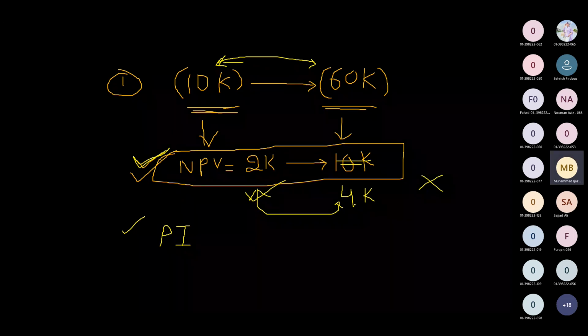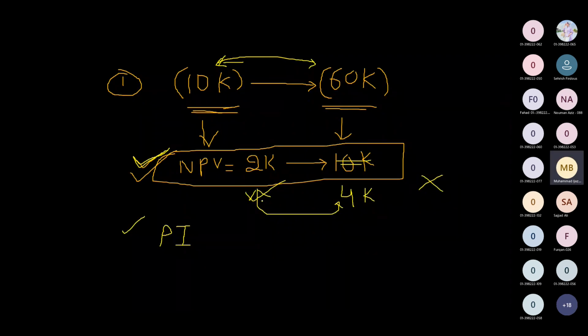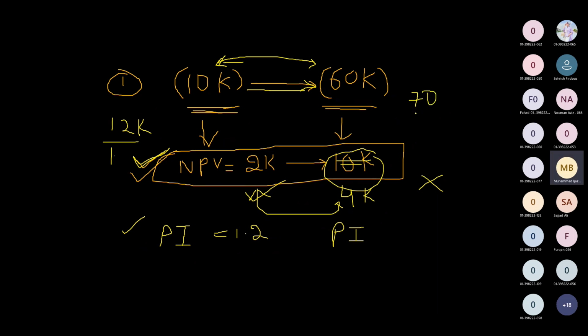If you calculate PI for both of these, can you check what is PI for 12,000 divided by 10,000? 1.2 in the first case, yes, sir. So PI is 1.2 here, and in the other case, I'm using this 60,000 here. So in the other case, PI is 70,000 divided by 60,000. What would it be? 70 divided by 60.